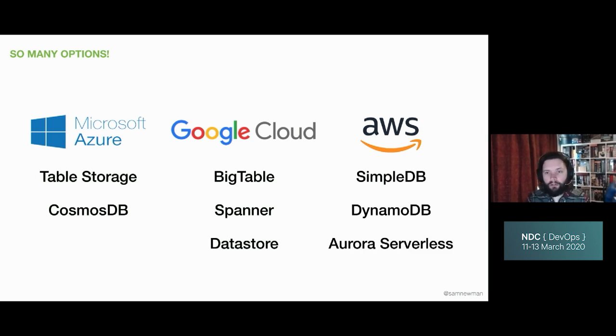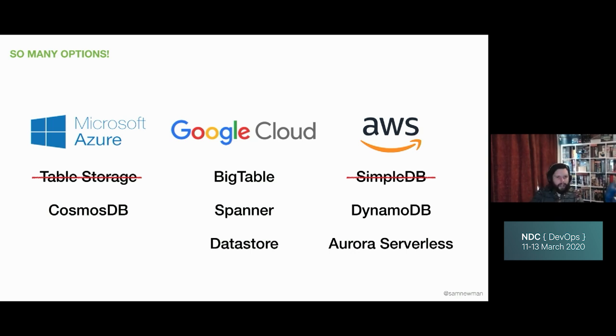On AWS, I've got SimpleDB, I've got DynamoDB, I've got Aurora Serverless, and these are just a subset of the serverless database options out there, right? These are just the first 8 I could find. Now, in reality, the list is a bit shorter than that because no one uses table storage or SimpleDB anymore. But there are still a lot of options out there.